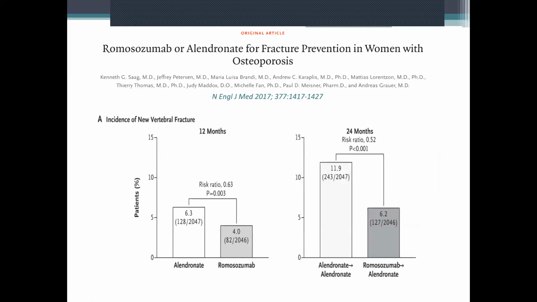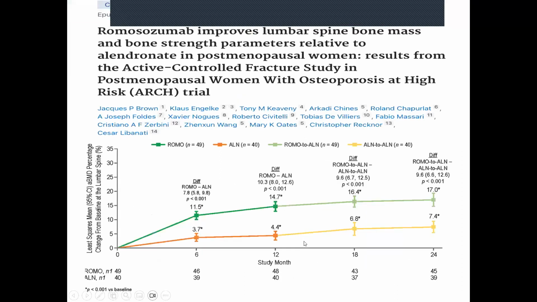So you can see for patients who were on romosozumab initially, after 12 months, they have less incidence of new vertebral fractures. And at 24 months, even after transitioning over to alendronate therapy, they have significantly less incidence of new vertebral fractures. And that's after starting them on Evenity or anabolic therapy first, followed by bisphosphonate therapy.